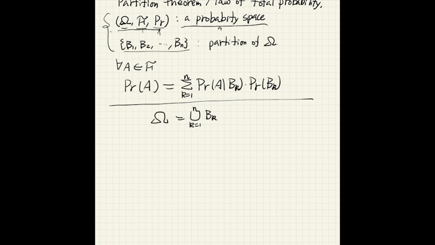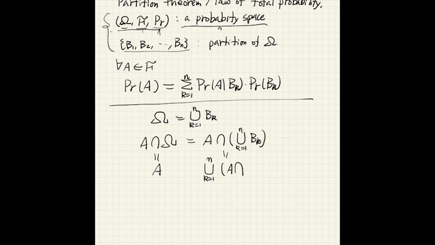So if we take the intersection with A on both sides, we have A intersection omega on the left hand side, and A intersection this union on the right hand side. The left hand side is equal to A, and the right hand side is equal to the union where each Bk intersects with A. This is the distributive law of union and intersection.